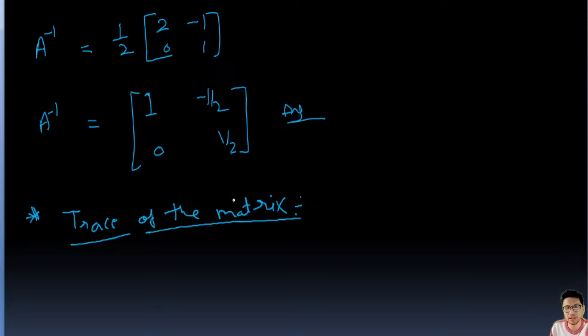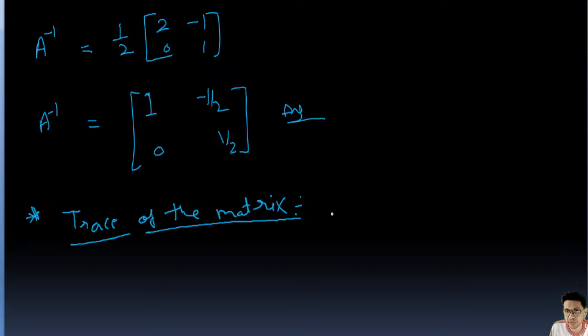That we'll study now. Trace of matrix means the sum of principal diagonal elements of the matrix.